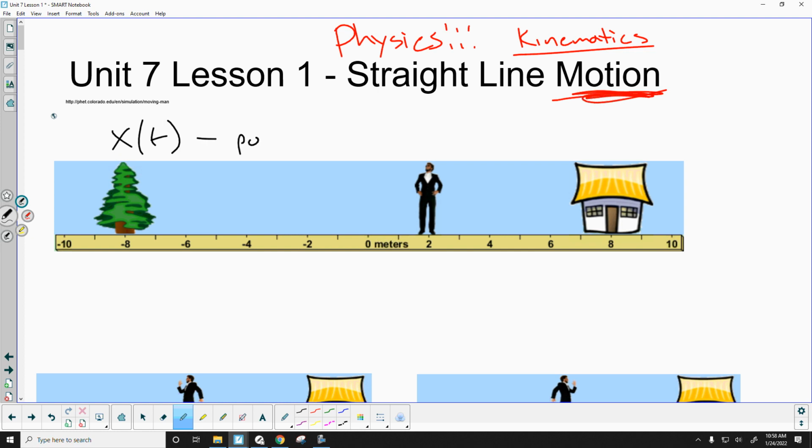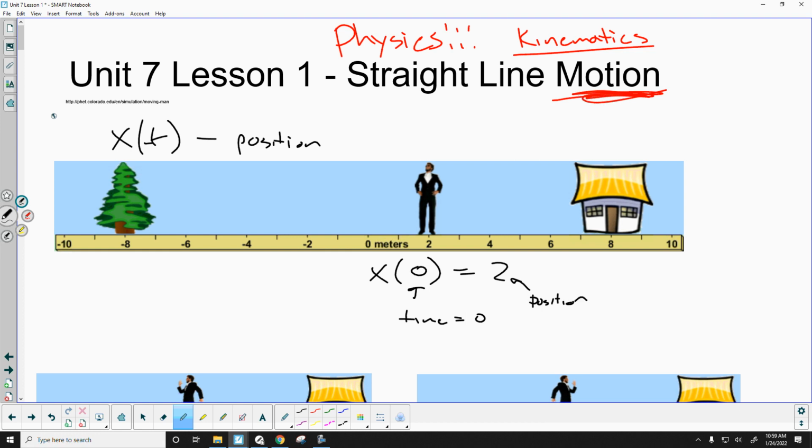They're like, oh, don't X's go inside, because you're used to F of X. But now it's X of T. Well, like here, at a time of 0, my position is 2. This is what you would think of as a Y coordinate. But just don't think about X's or Y's anymore. Just think like at a specific time, this is where the dude is located. Okay? This is my position, this is my location.